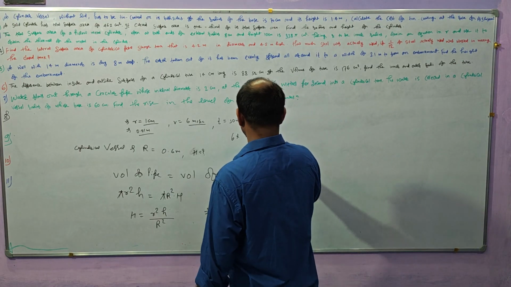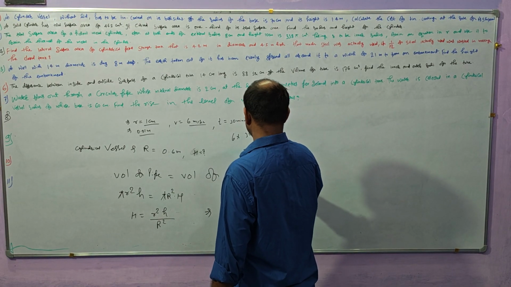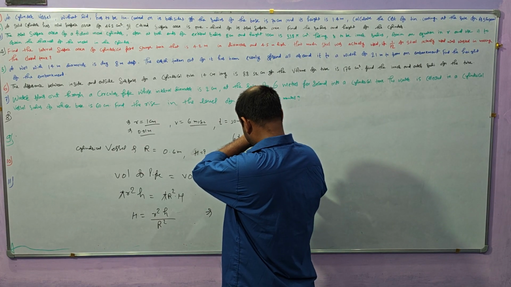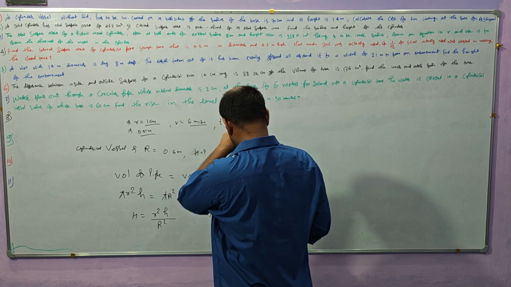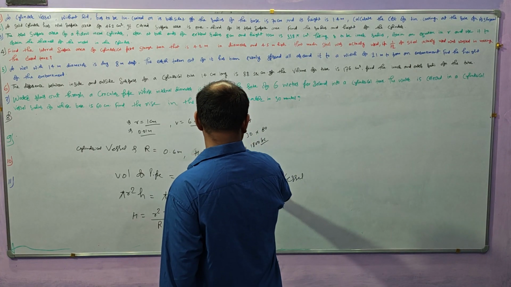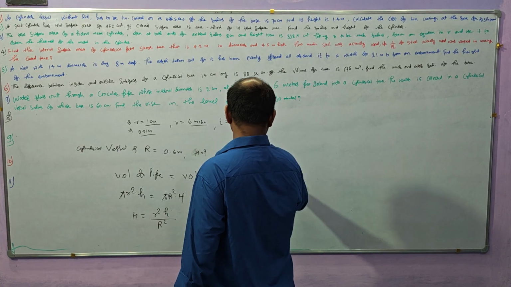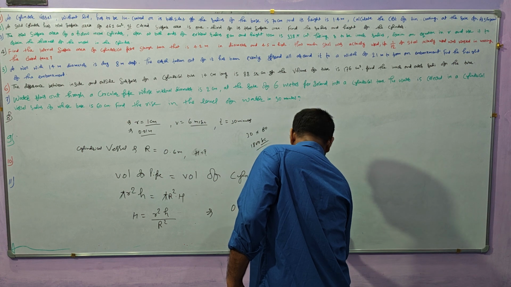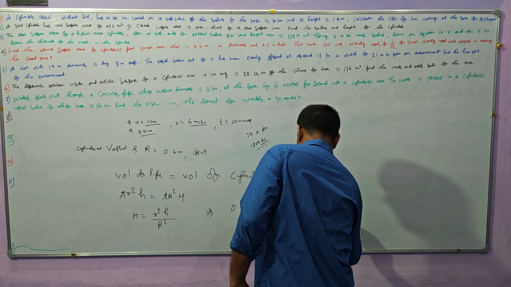So we need to multiply with 60. We get 6 into 1800 second. So we can multiply 6 into 1800 second.